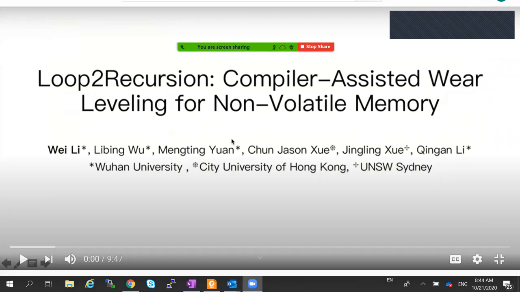Nowadays, non-volatile memory technologies have been considered a promising candidate to replace DRAM, with good stability and DRAM-comparable read-write performance. However, the limited write endurance of NVM presents challenges for its application. As shown in the table, the write endurance is only 10^7 to 10^9.